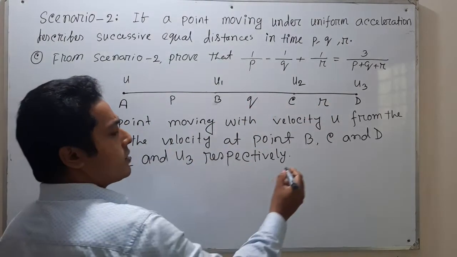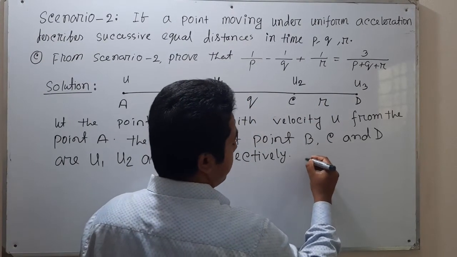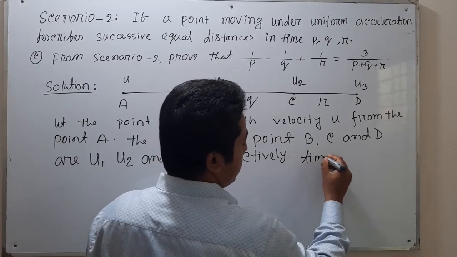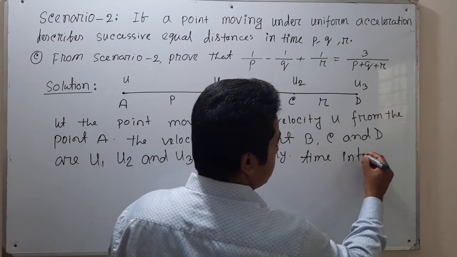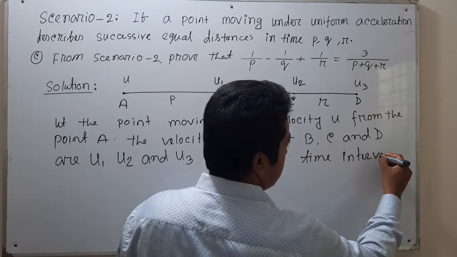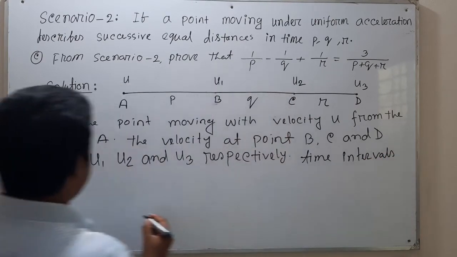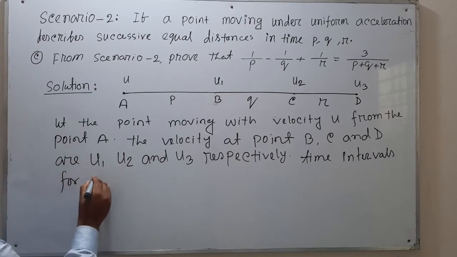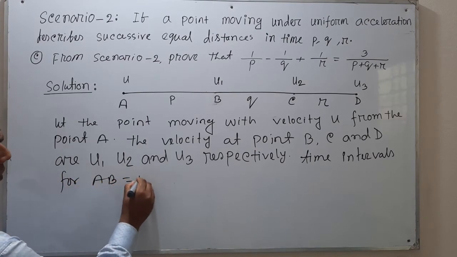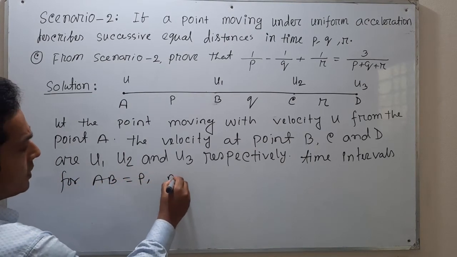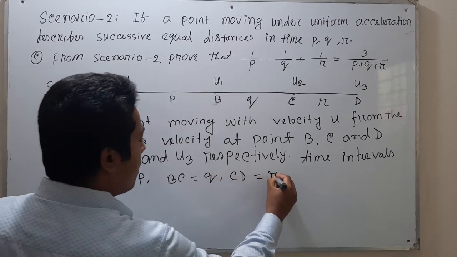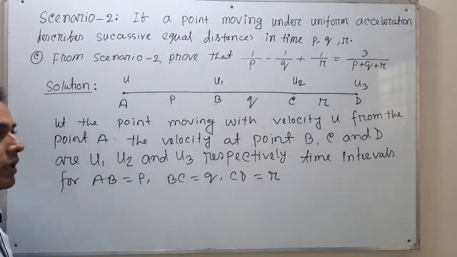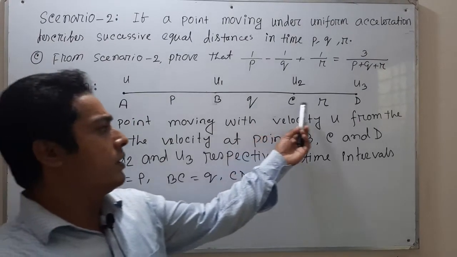The time intervals for AB is equal to p, BC is equal to q, CD is equal to r.